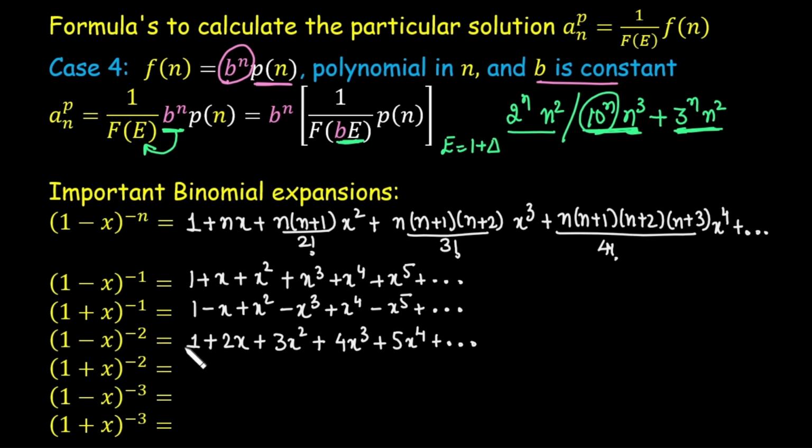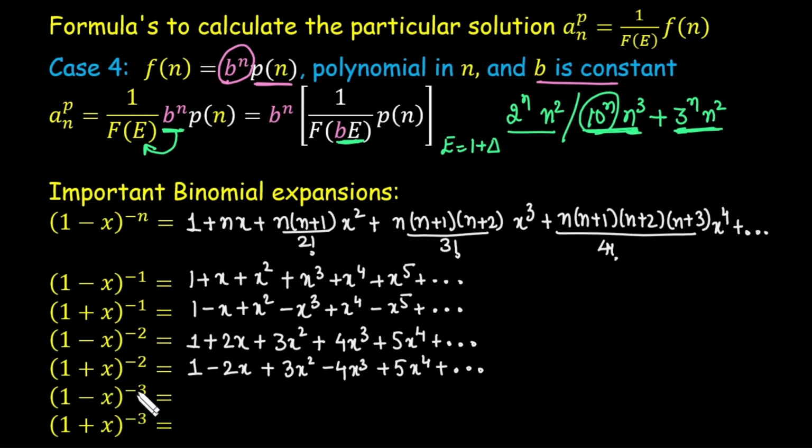So here we are getting the coefficients as the natural numbers 1, 2, 3, 4, 5, 6, 7, 8 and so on. In the same case, if we replace this negative sign with a plus, we will get alternating signs in this series. So we can write 1 minus 2x plus 3x square minus 4x cube plus 5x raised to power 4 and so on.